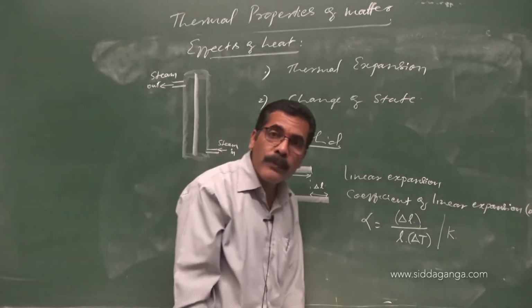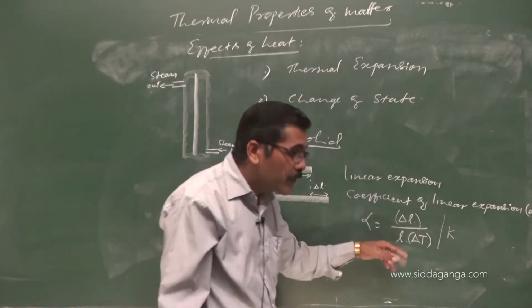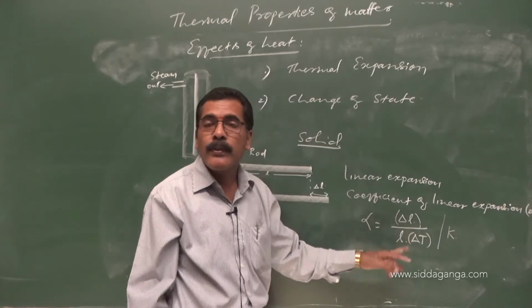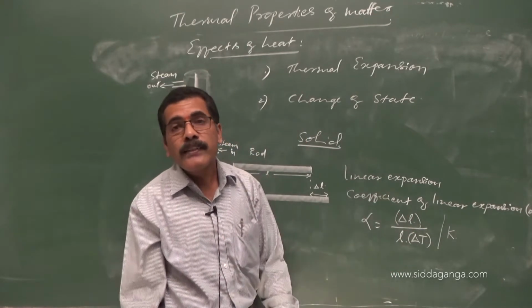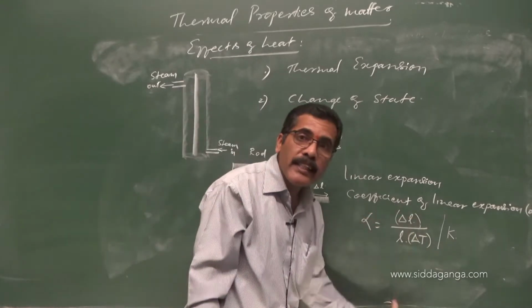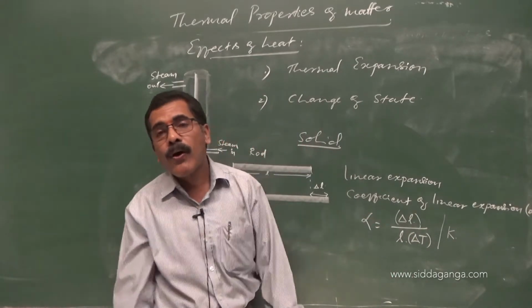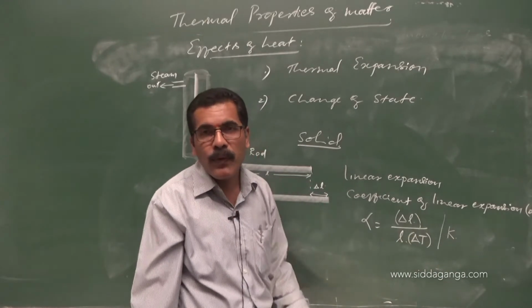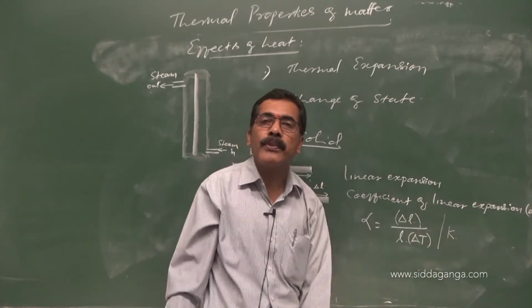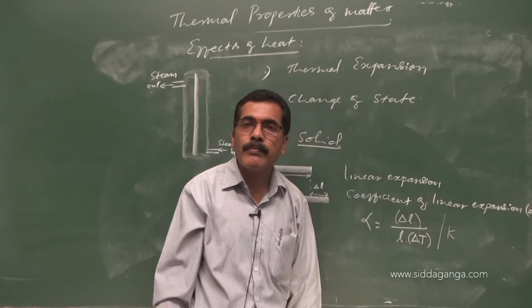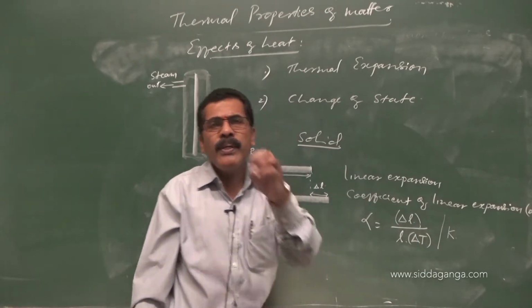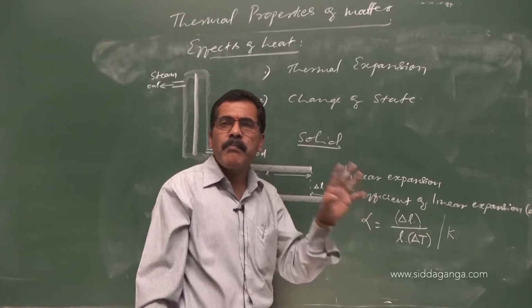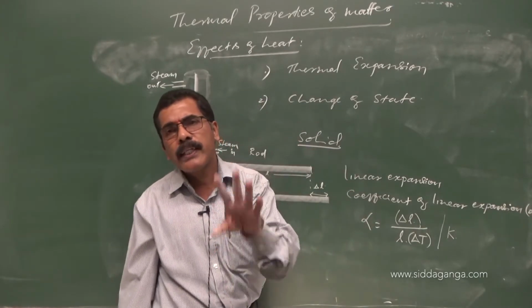Or you can also define this as fractional increase in length. Delta L by L indicates what? Fractional increase. The fractional increase in the length of the rod per unit degree rise in temperature is called the linear expansion coefficient. Every rod or every material is characterized by a particular value of linear expansion coefficient.